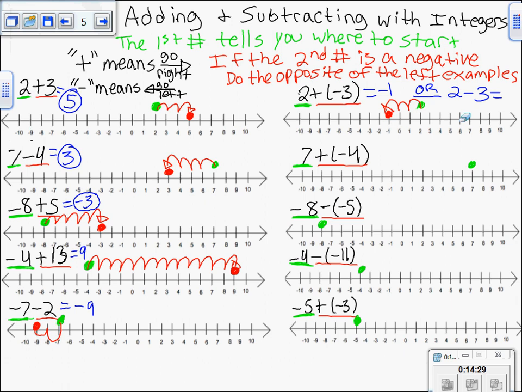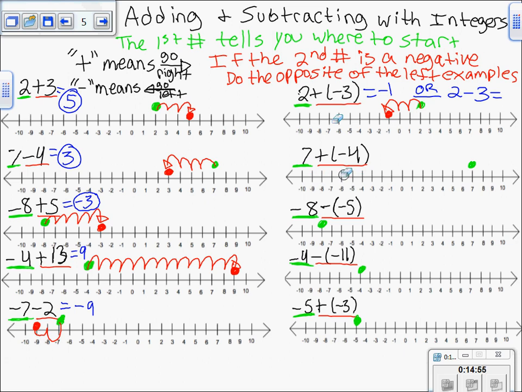So you can change these to a subtraction problem. Some people take the subtraction problem, they turn it into this, and that's fine. That's if you're using the rule method and someone taught you keep change, that might be one way to change it. But when you're using the number line, you don't need to change. So this can be thought of as this, and this can be thought of as this. Whatever you need to help you think about that moment. They mean the same thing. So let's look at the next example.